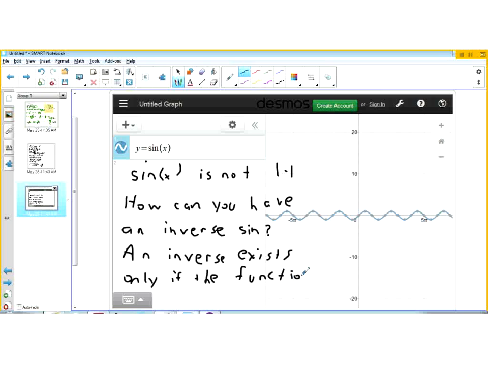Which the sine function is not. Yet you have an inverse sine function on your calculator. So is the calculator wrong? Okay, so we have a dilemma here.